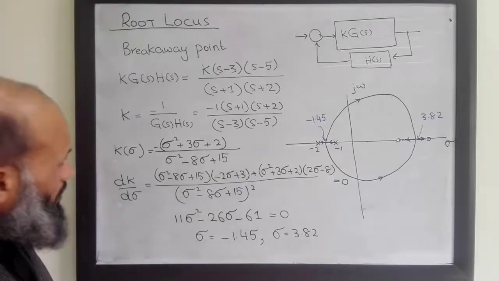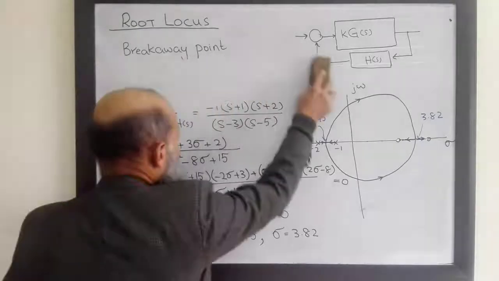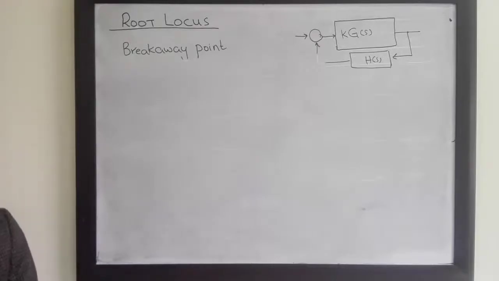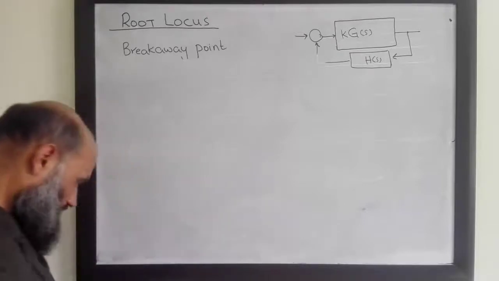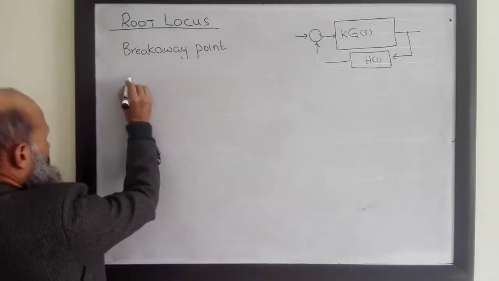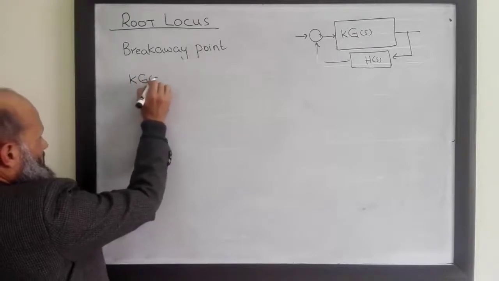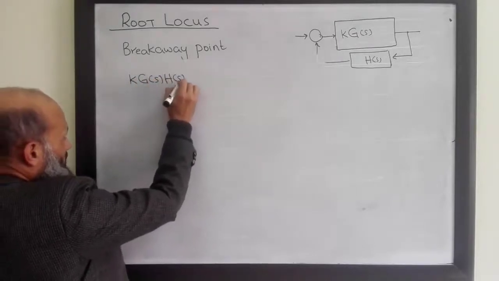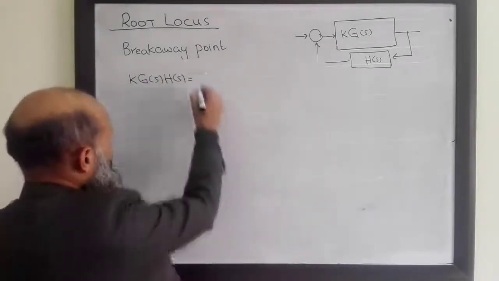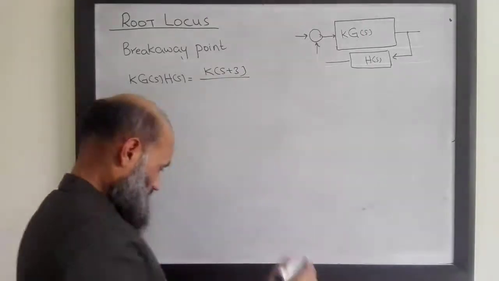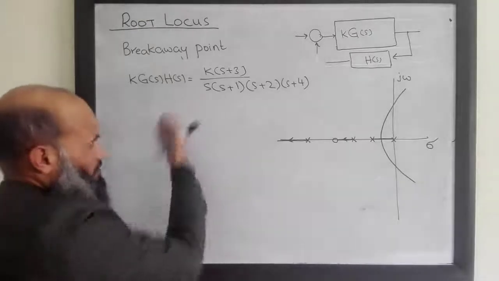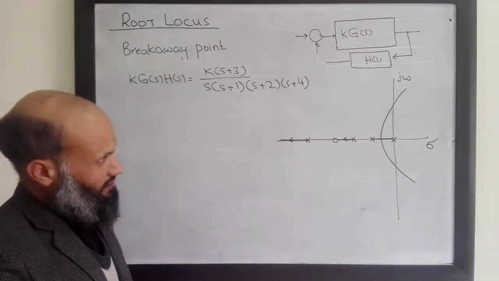Next, coming back to our previous example, the example system given by this transfer function kG(s)H(s), that was discussed in the last lecture, given by k(s+3) over... So this was the example which was considered in the last lecture.